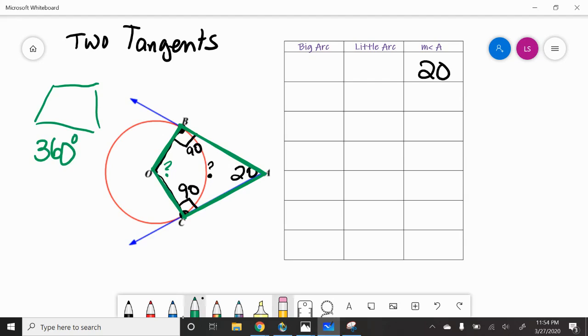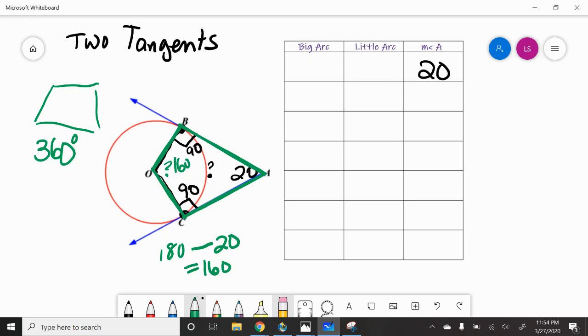Okay, so I already have 2 90s, so that's 180. So therefore, I have another 180 left for my 20 and this mystery angle. So if I take 180 and I subtract 20, that will give me my mystery angle, and that's 160.